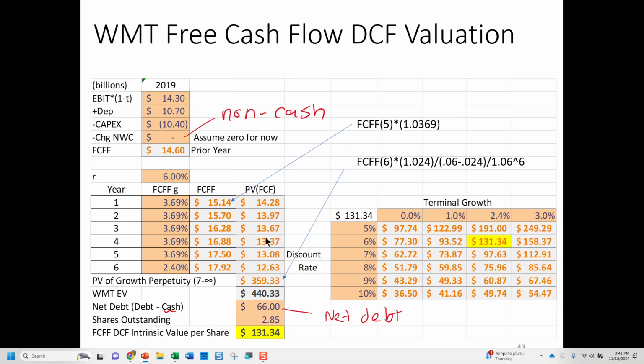I take the present value of those 6 cash flows, 1, 2, 3, 4, 5, 6, and then I do a growth perpetuity: I take the cash flow in year 6, multiply by the perpetual growth rate 1.024, which makes it the cash flow in year 7, divide by R minus g, which gives the value in year 6, and then discount it back for 6 years.